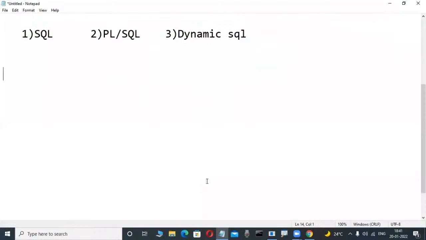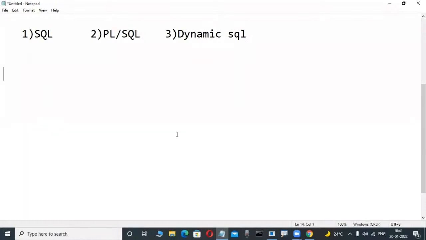From that SQL language, Oracle Corporation created their own SQL language, that is called Oracle SQL. That's why SQL is an ANSI standard language, conceptually the same in every database. Conceptually, what is a table, what is a procedure, what is a view, what are joins, what are subqueries, what are referential constraints, the same.